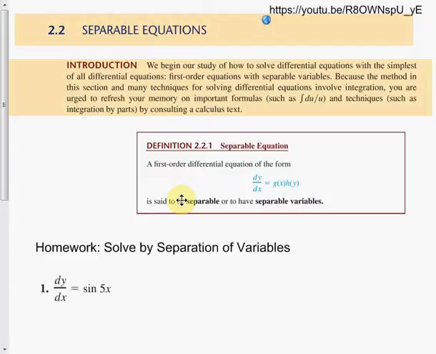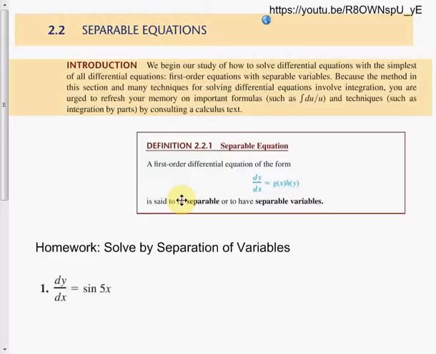If it's in that simplified form, it's possible to multiply both sides by dx, and then divide both sides by h of y. That means I can get the y with the dy together, and the x with the dx together. If that's possible, we separate the variables.